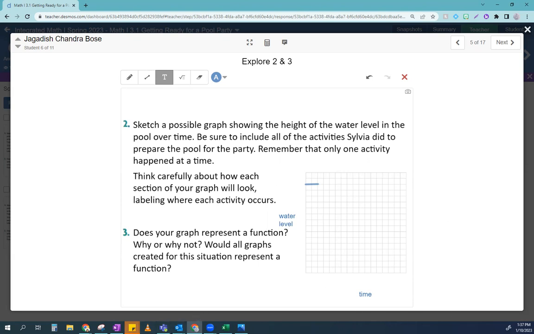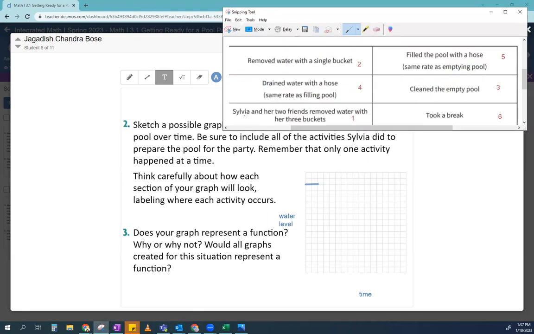So the very first thing that happens is that Sylvia and her 2 friends are removing buckets of water. So what happens to the water level? Yes, it would look decreasing because we're removing water. Now, can you just think about this for a second? If I took a bucket of water out, does it decrease like this?